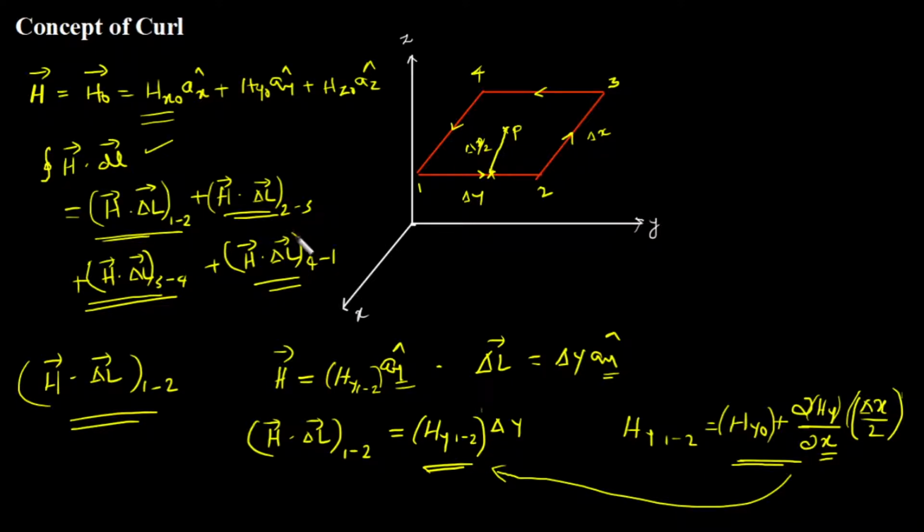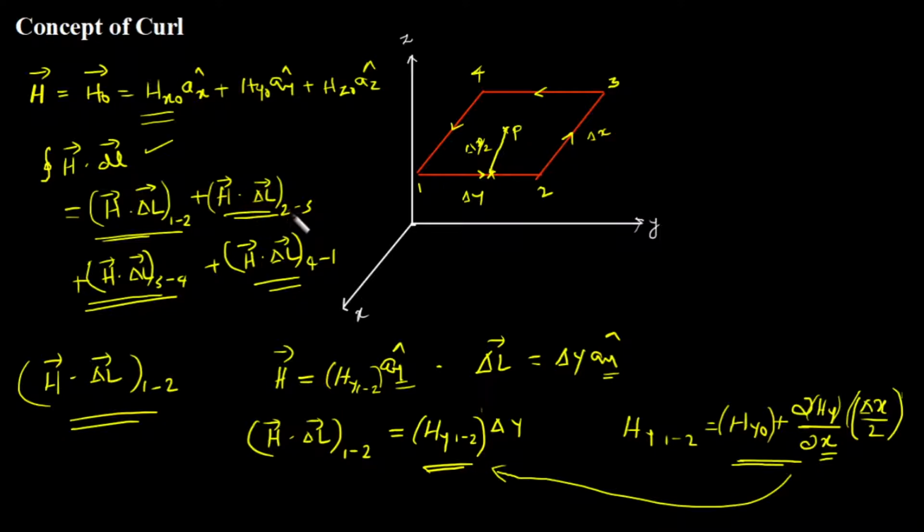If it's not very clear how I got this equation, I can explain 2 to 3 also. The remaining two I will directly write, to save time. So H dot delta L 2 to 3, how to evaluate this? This will become Hx, because it is along x, along the breadth of this rectangle, which is treated as delta x.